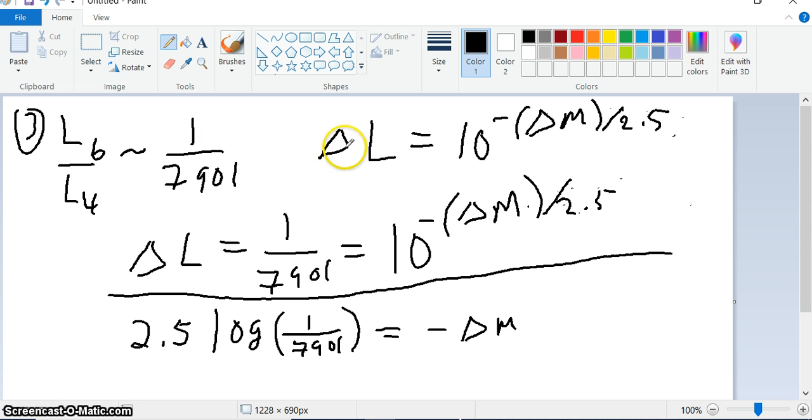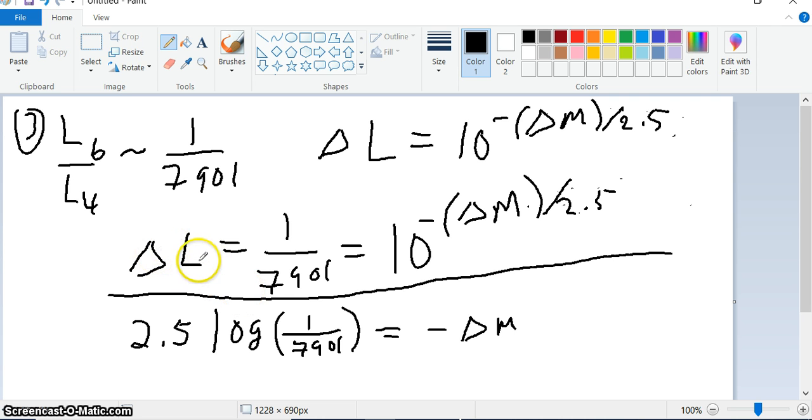All right, so the equation that we're going to use is the change in luminosity is equal to 10 to the power of negative the change in magnitude divided by 2.5. We had a similar equation in past homeworks.